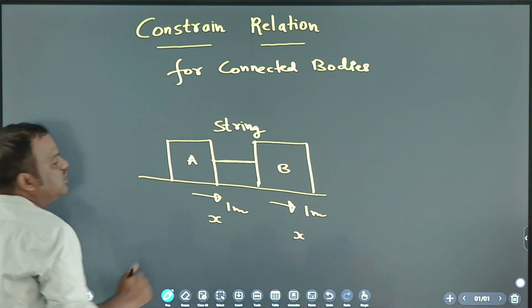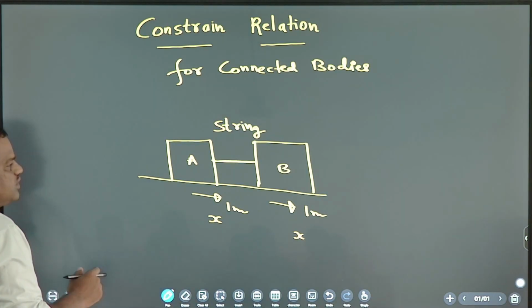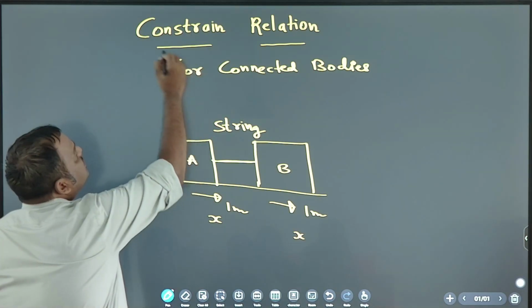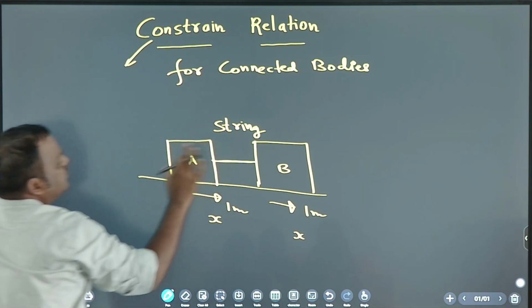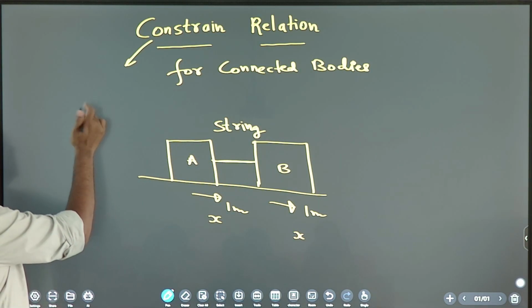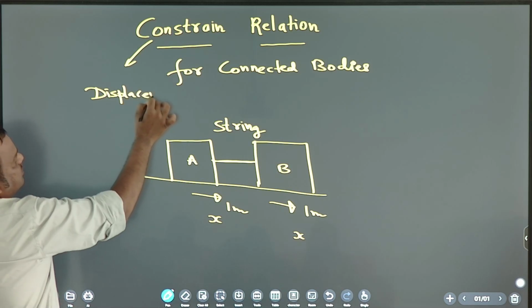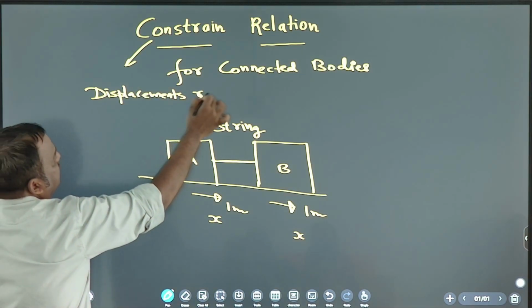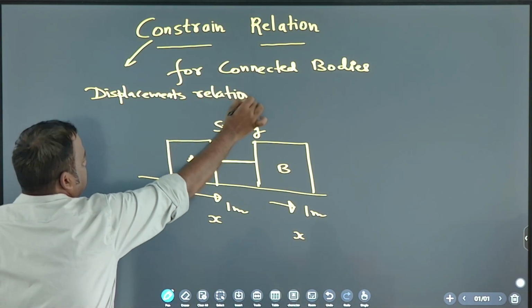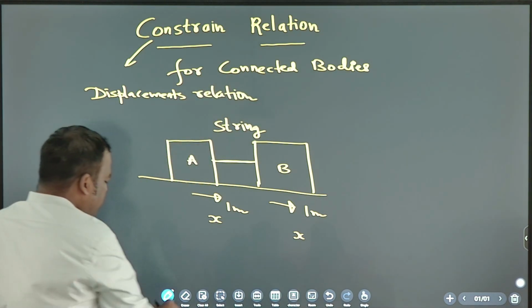So constraint relation means we will relate their displacements. Then we can say the same for speed also.